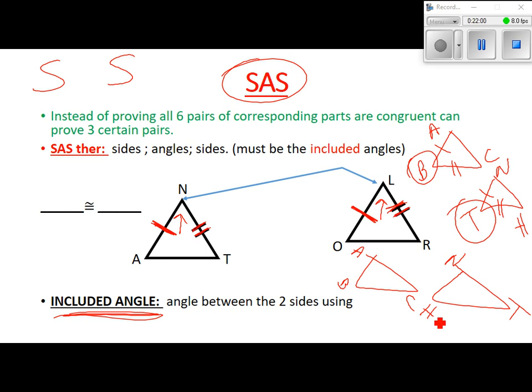If those pair of sides are congruent, those pair of sides are congruent, and we looked at that pair of angles there, now it would no longer be side, angle, side. Now it would be what? Side, side, angle.